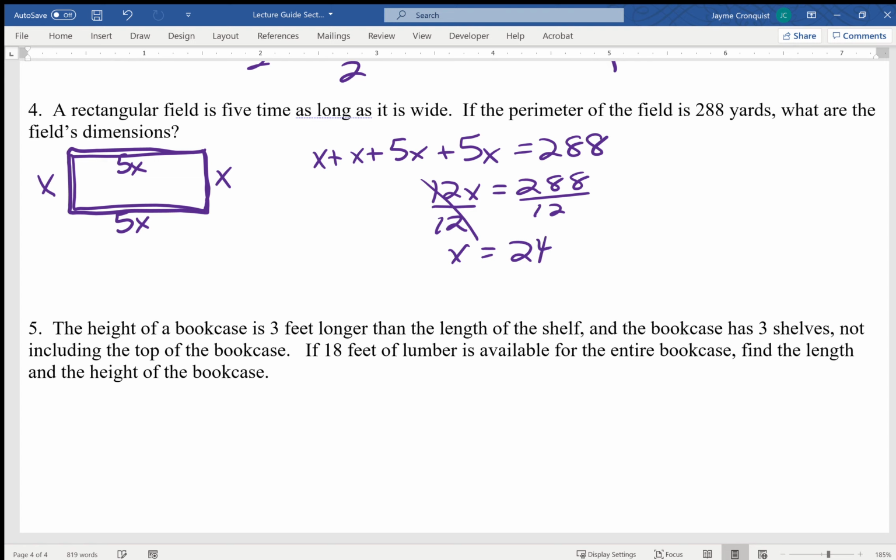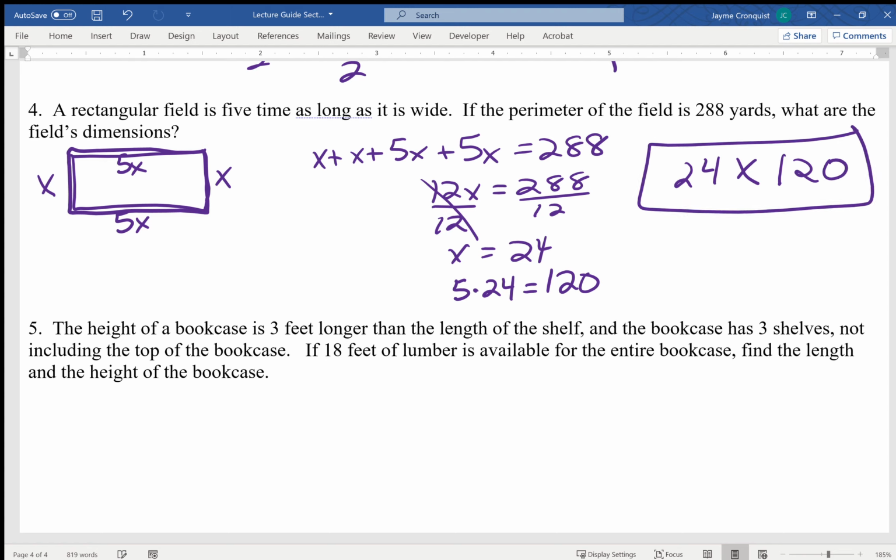It wants the field's dimensions. It's going to be 24 by, well, we want 5 times 24 is the other side, right? So that's going to be 120. 24 by 120. It does say yards, so we probably should put the yards in there.